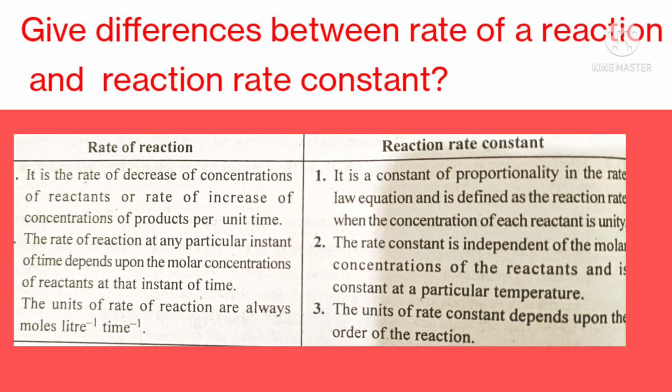The rate of reaction at any particular instant of time depends upon the molar concentration of reactants at that instant of time, whereas the rate constant is independent of the molar concentrations of reactants and is constant at a particular temperature. The units of rate of reaction are always moles per liter per time, whereas the units of rate constant depend upon the order of reaction. For zero order reaction, rate constant units will be mole per liter per second. For first order reaction, it will be second inverse, and so on.